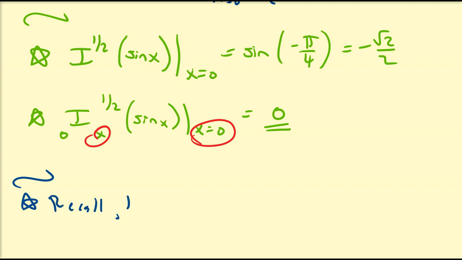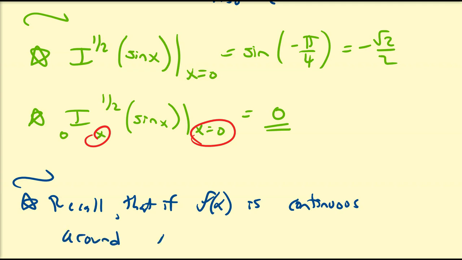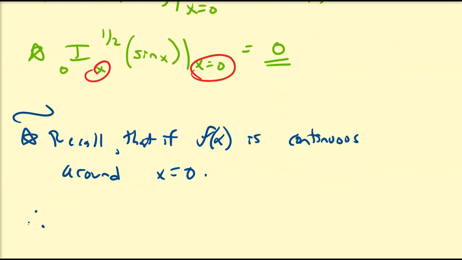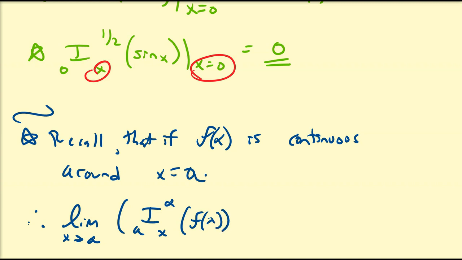So recall that if f of x is continuous around the point x equal to 0, or in general x equal to a, then one can show that the limit as x approaches a of the integral from base point a to x of order alpha of some continuous function f of x around that point is going to be equal to 0.